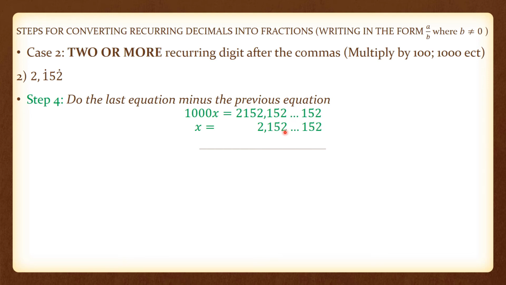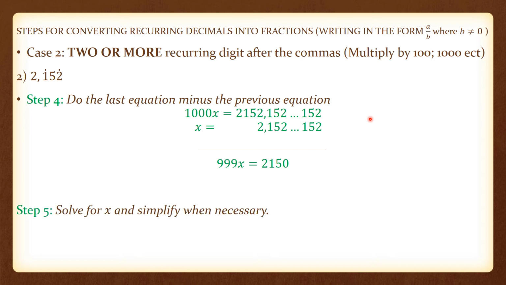These 152 can easily cancel out, and then we do 2152 minus 2, and here 1000x minus x, which is 999x equal to 2150. And then the last step is to solve for x and simplify when necessary.